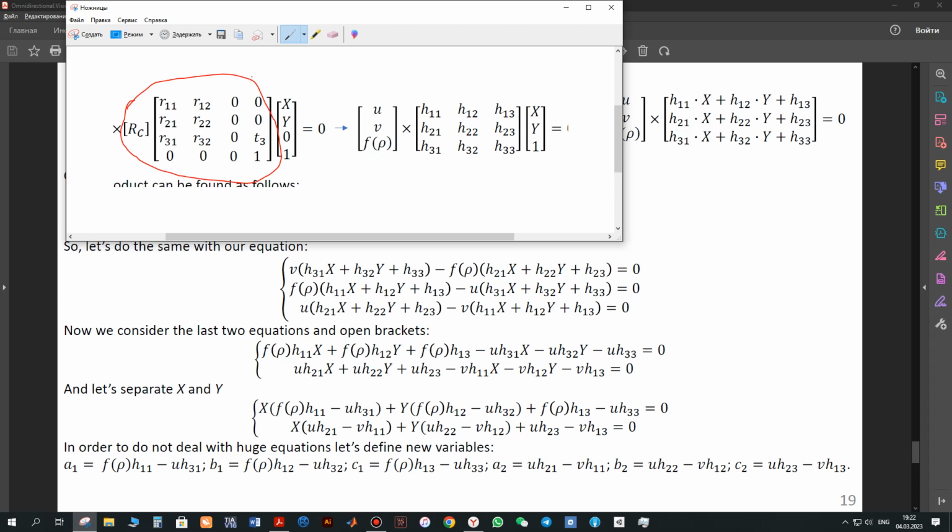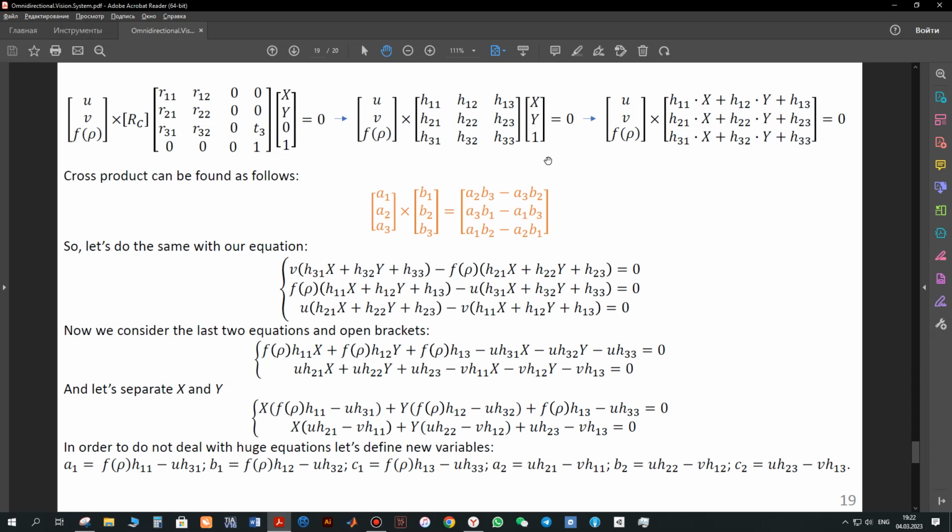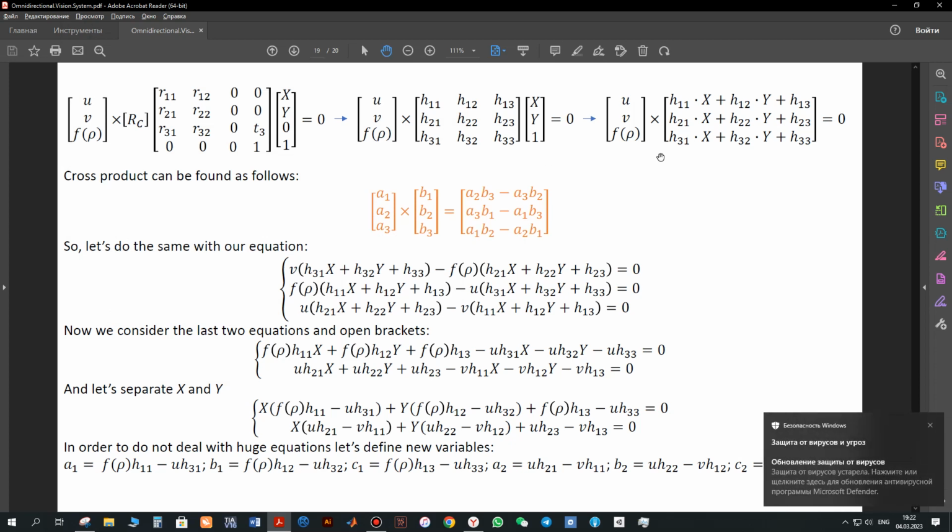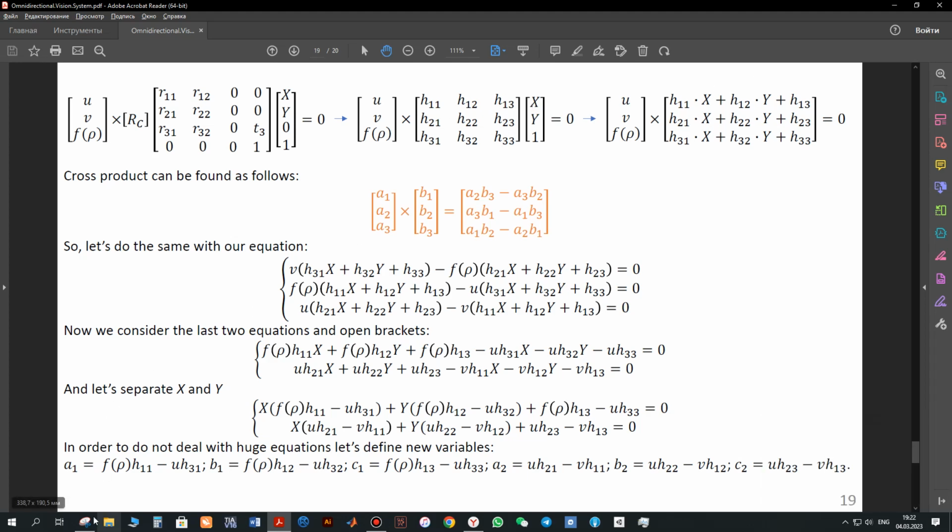These two we combined and we got this matrix. Next, we again multiply this one by this one.